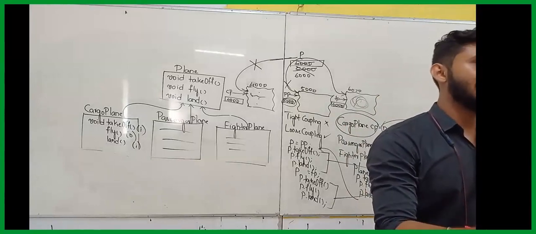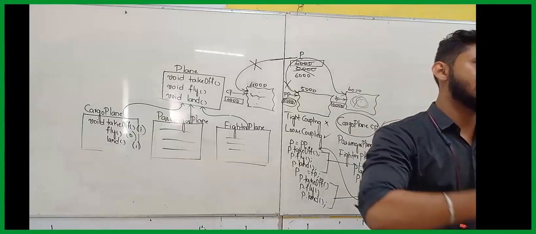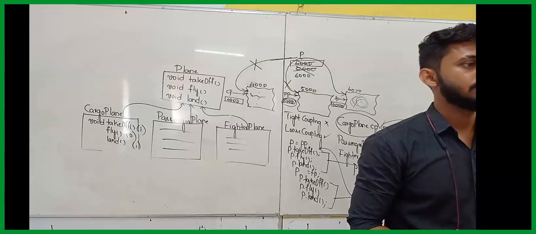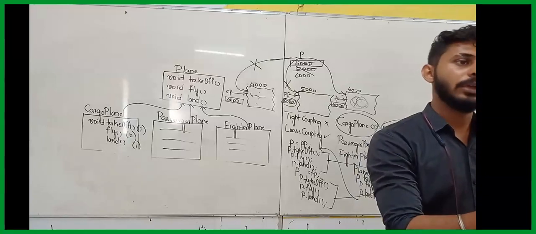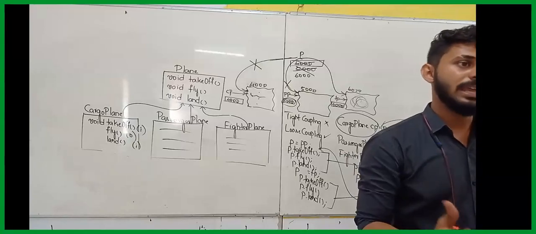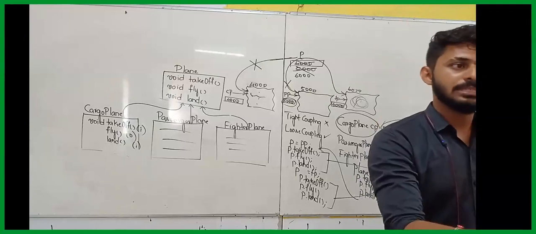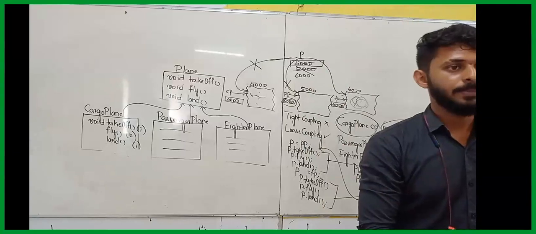You think and tell me, specialized method, can I access it using a parent type reference? Specialized method, refer to it using the parent class? No. Inherited, can I refer? Yes, because it came from parent to child. Overridden, can I refer?